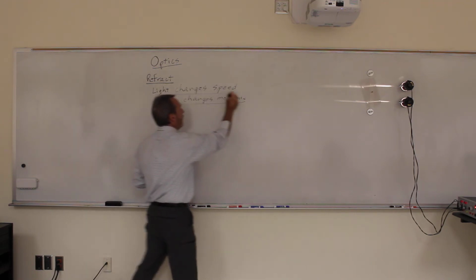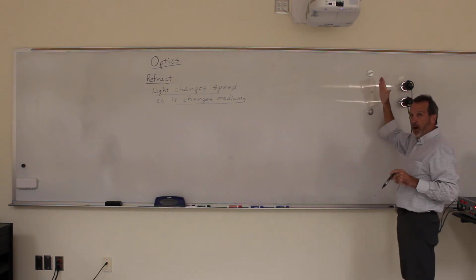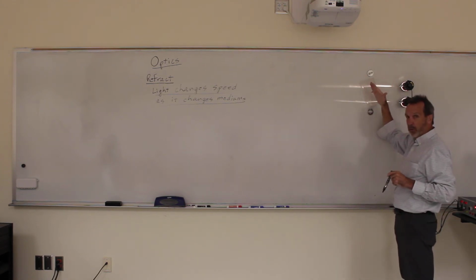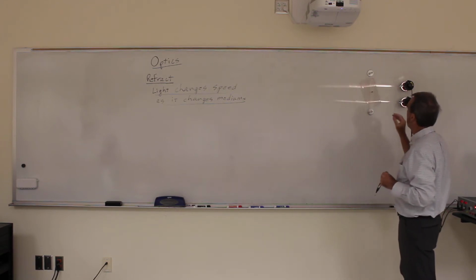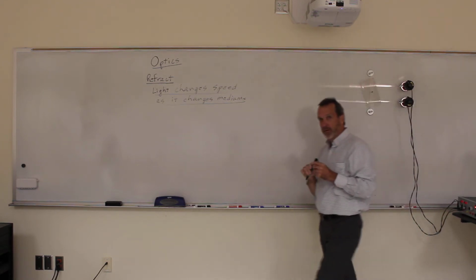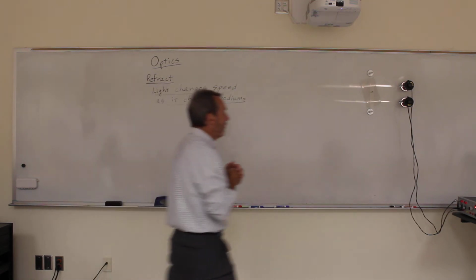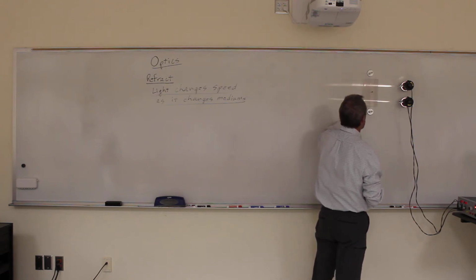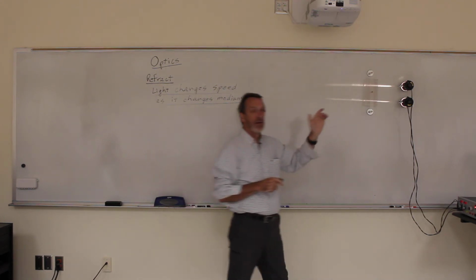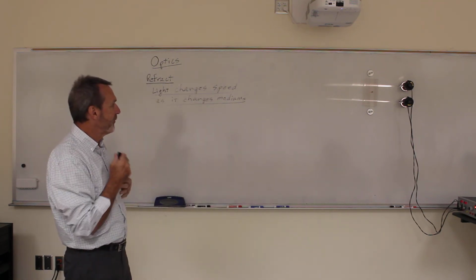So, what's happening over here, the light is going through the air, these parallel light rays, then they hit the block. When they hit the block, they slow down. But then when they come out the other side, they speed up again. And when that happens, it's going to make it bend if it's hit at an angle. Now, if it was straight on, they slow down and speed up, but you really don't notice any change because they're slowing down and speeding up in a straight line, so you can't see that change.